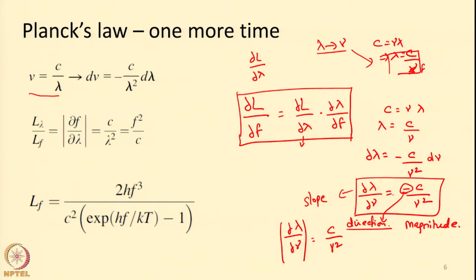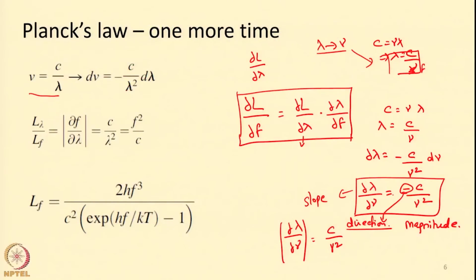So, here we are calculating the variation of wavelength with respect to frequency. When we differentiate lambda with respect to frequency, we get -c/ν², where the minus sign indicates the direction in which lambda will change. We are taking the modulus in order to avoid direction. We are not interested in seeing in which direction the slope is going to go.